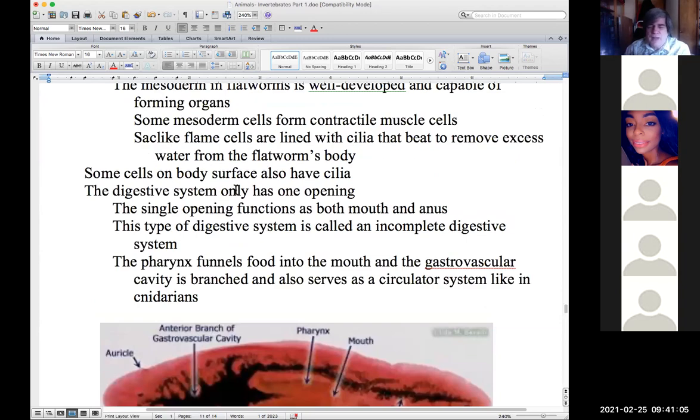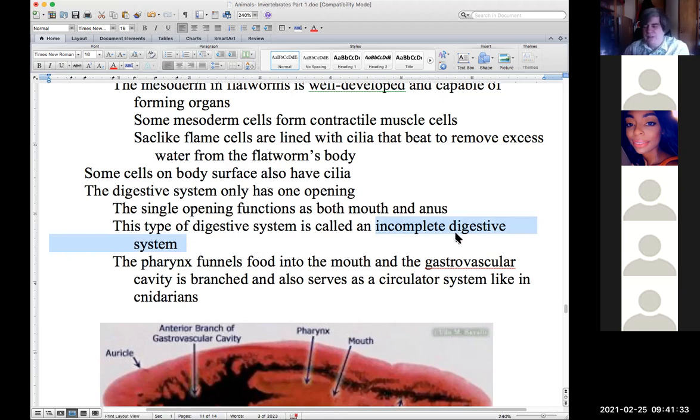Now, notice that these organisms also have a digestive system that only has one opening. And since there's only one opening into the digestive system, that opening has to work as a mouth and as an anus. And when we see a digestive system with only one opening, this is called an incomplete digestive system.